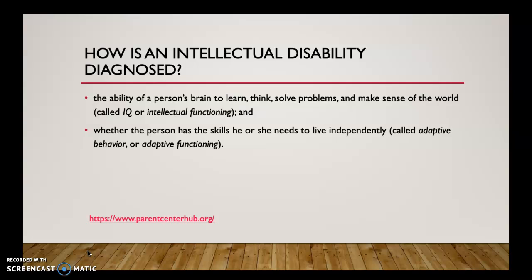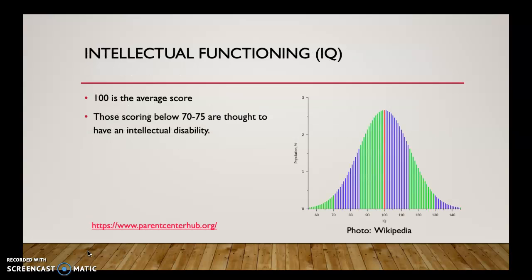So first off, we'll explain what intellectual functioning is, and that is your ability to process and understand and problem solve and learn, those kinds of skills that are very needed. And there's an IQ test that tests that. The average score is 100. But students with intellectual disabilities score below 70 to 75 on that test.